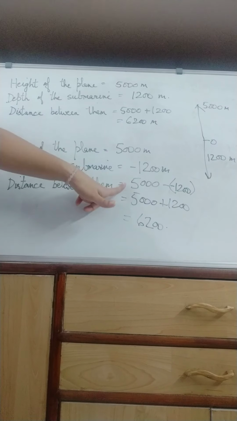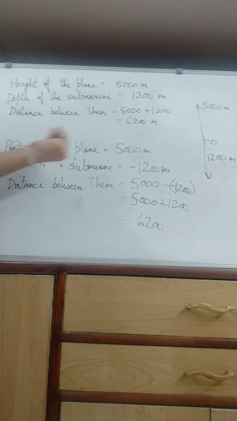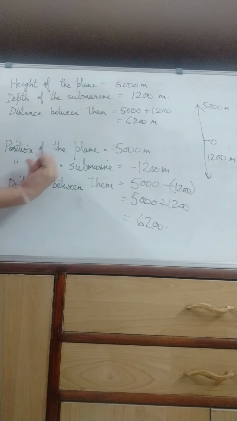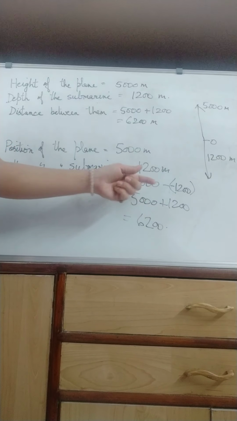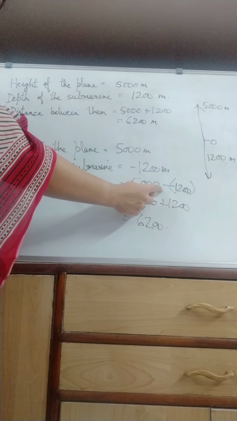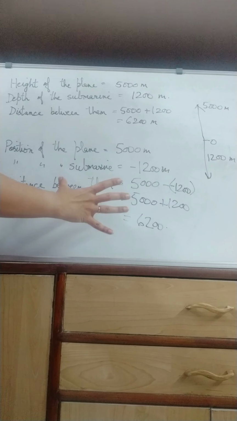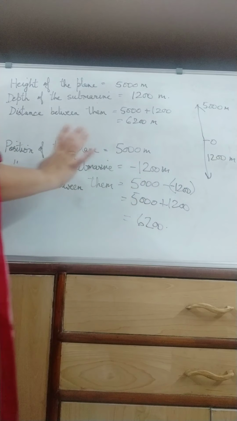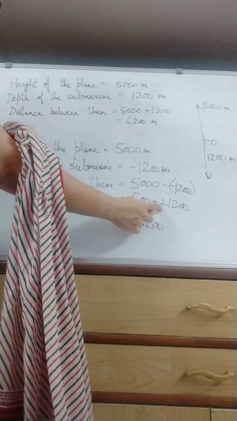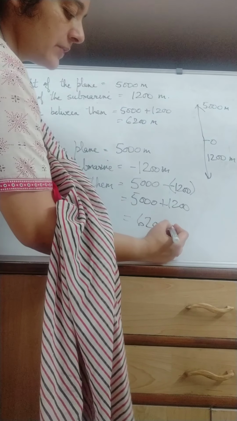Here I am talking of the points, of the position. So position of the plane is positive, position of the submarine is negative. So when I find the distance between them, I am subtracting the two. I am putting a negative sign in between because I want to subtract the two. And then in effect your answer is going to be same, because this minus minus becomes plus. So your answer in both the cases is going to be 6200 meters.